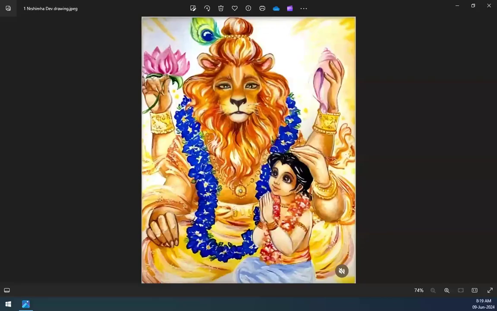This unit is on the advent of Lord Kapila. Lord Kapila is Krishna himself. Although Kapila appears in the next unit, unit 13, here is the base, what leads to Lord Kapila's appearance.